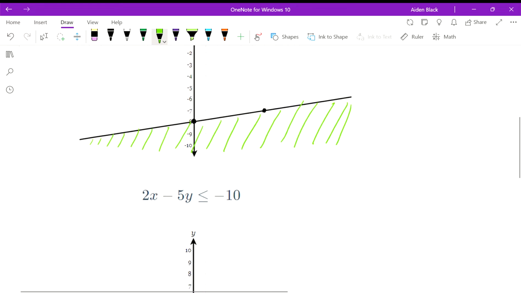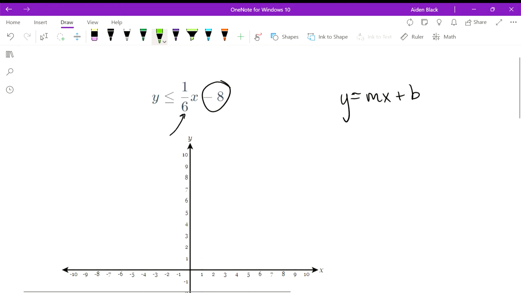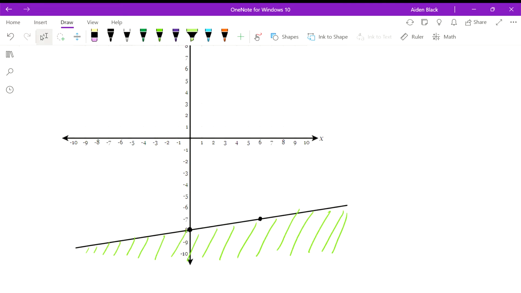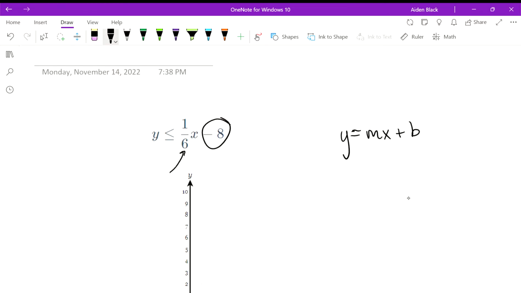And if you want to check, you can plug in certain values. Like there's a lot above it, right? Look at all this. Any of these points should not work for the inequality, like 0, 0. So I'll plug in 0, 0. That would be 0 is less than or equal to 16 times 0 minus 8.